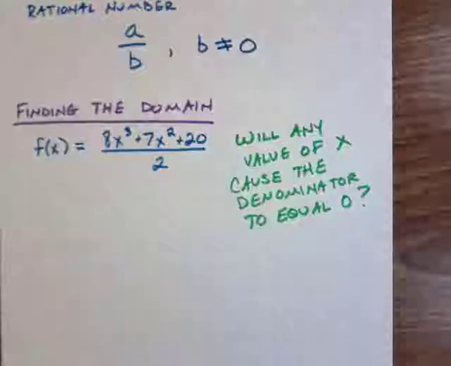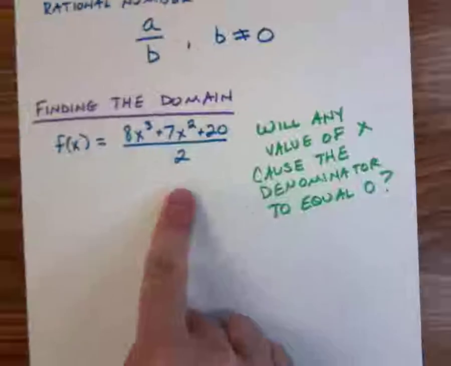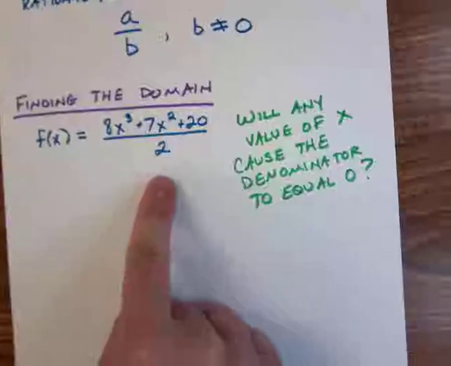X can be 0. It's fine for x to be 0. I just can't plug in anything for x that would make the denominator equal to 0. So take a look at this equation. Is there anything I could substitute, any number I could substitute in place of x that would cause my denominator to become 0 and therefore bring about the mathpocalypse?